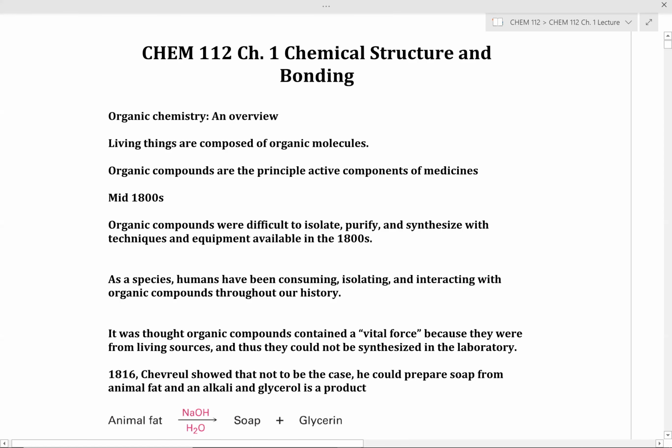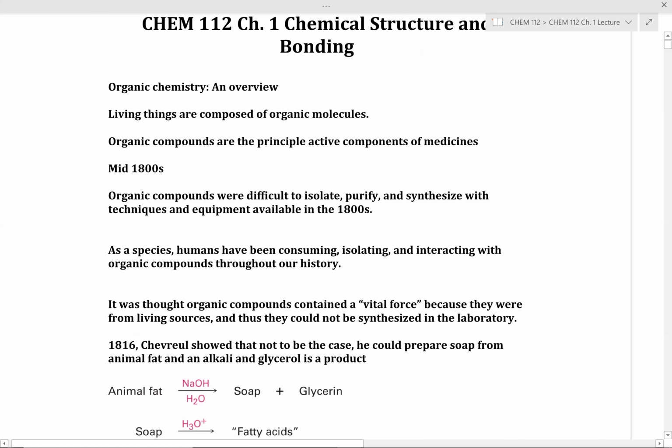So to set the stage, organic chemistry is a relatively old discipline of chemistry, as chemistry itself is quite an old discipline of study. All living things are composed of organic molecules, and organic compounds are the principal active agents of the majority of pharmaceutical agents. The majority of the medicines, drugs that we take and have developed are organic compounds.